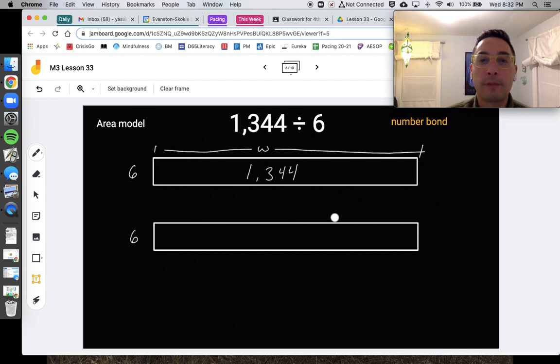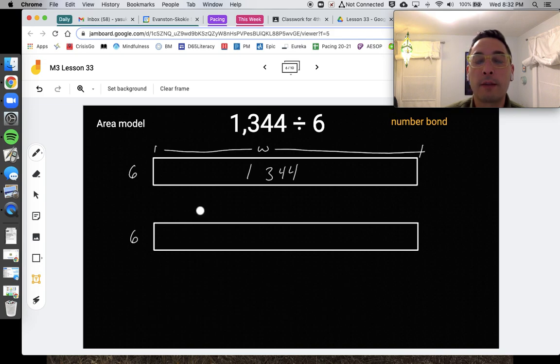If we're going to do 6 times something to get close to 1,344, the first thing I'm going to think of is this just as 1,344. That's helpful for me because if I were to say 6 times 1,000, that would be 6,000. That would be too big.